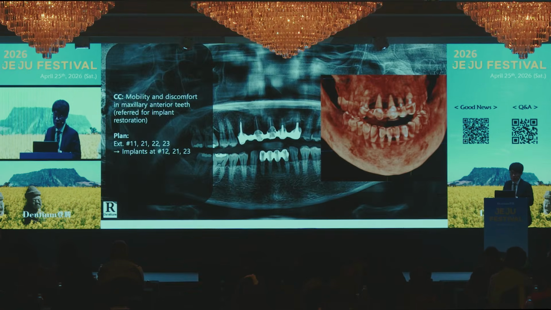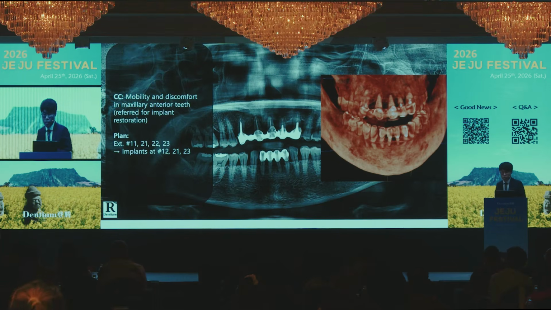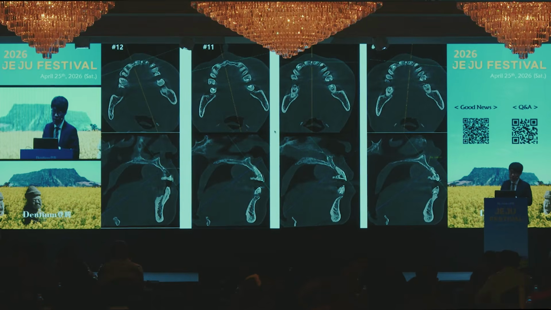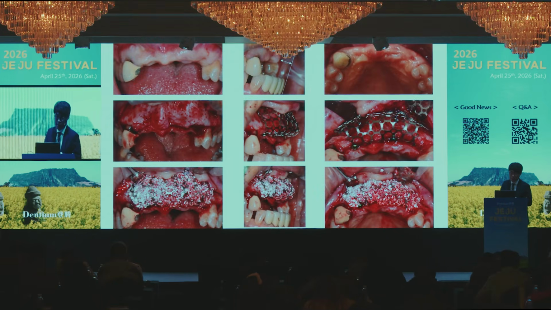This patient came to my clinic to restore her anterior maxillary area. I planned to place implants at numbers 12, 21, and 22. But in this case, the bone was severely resorbed after tooth extraction, all the way to the apex, so I needed vertical augmentation and horizontal augmentation too.